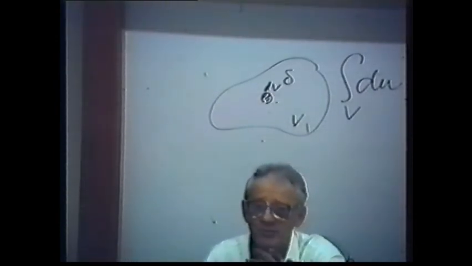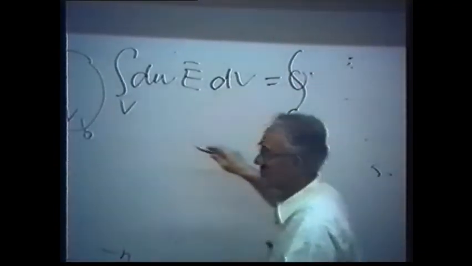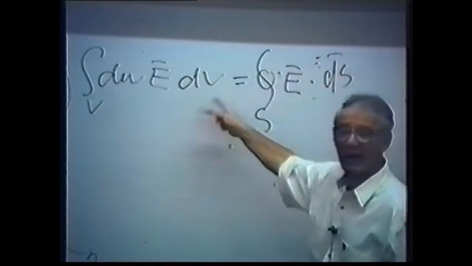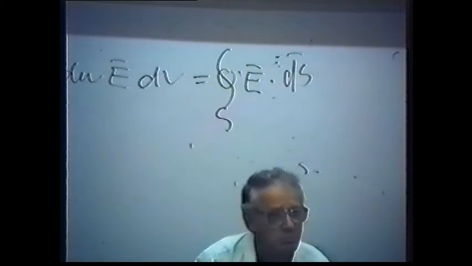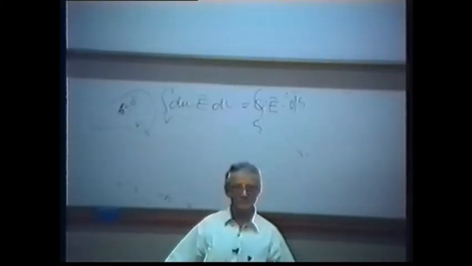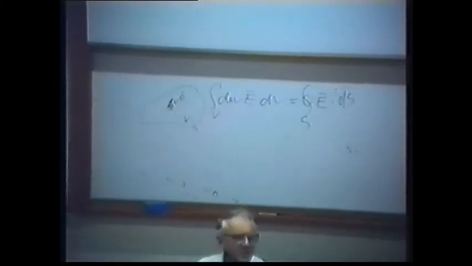Flux through a closed surface S of the electrical field. Who knows how this relation is called? Gauss theorem. There are only two theorems in all theory of geophysics and mathematics, Gauss and Stokes.